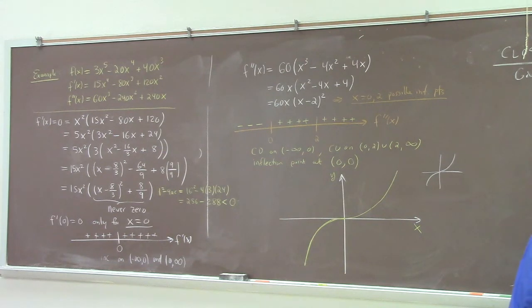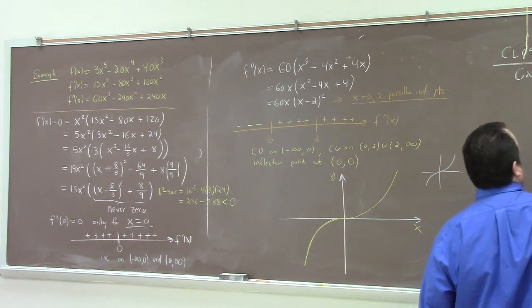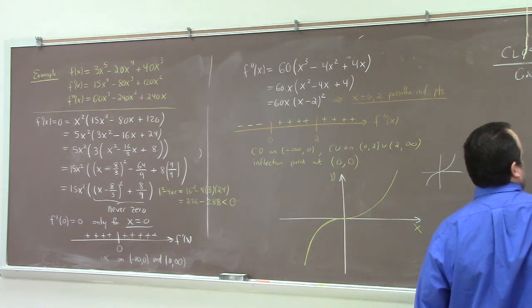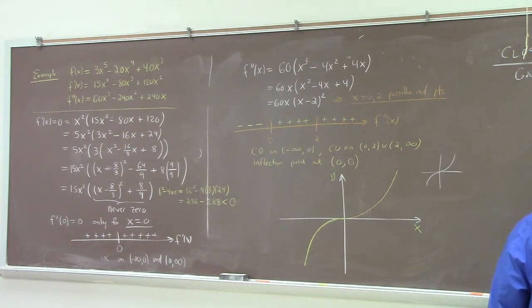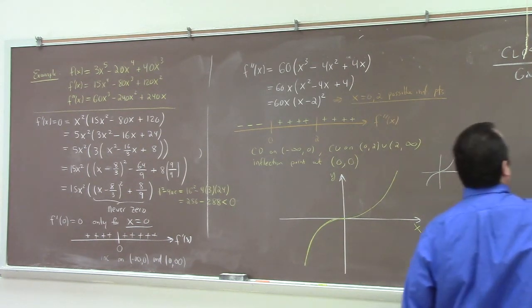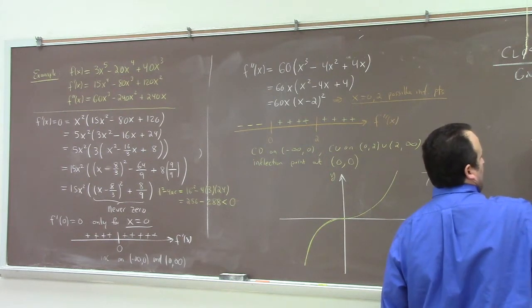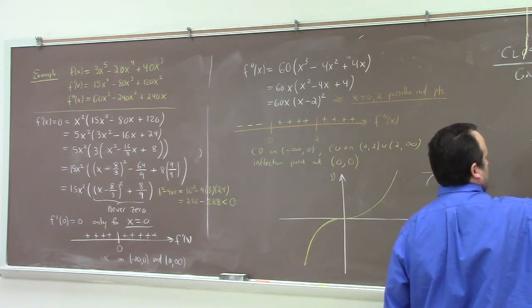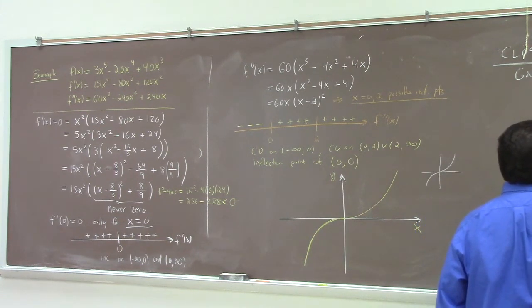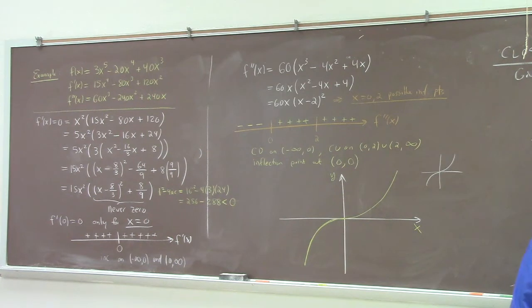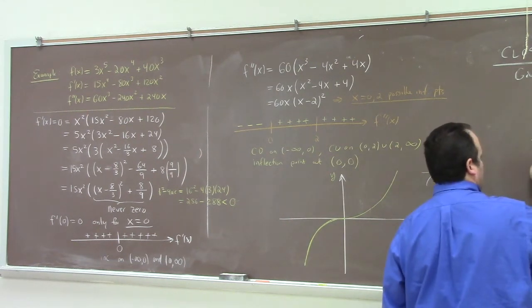What does that mean? It means either f prime of c equals 0 or f prime of c does not exist. And step 3, calculate f of c for all c found in step 2.